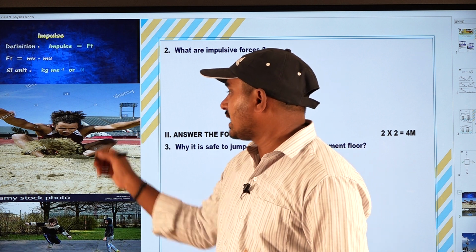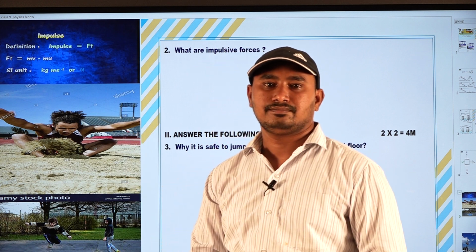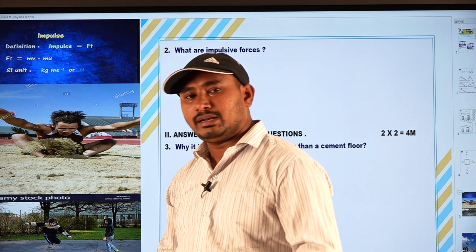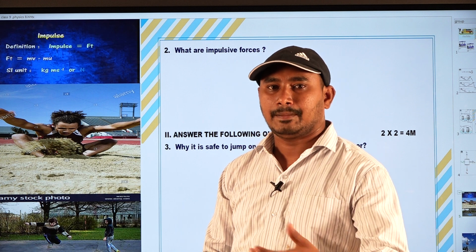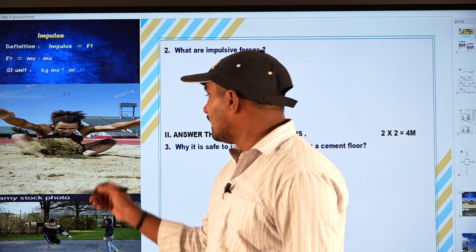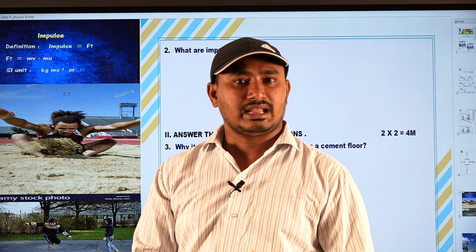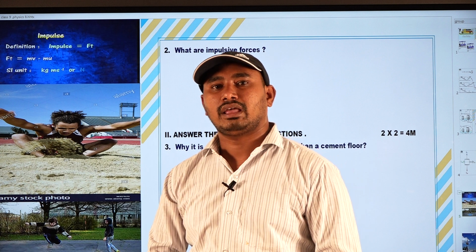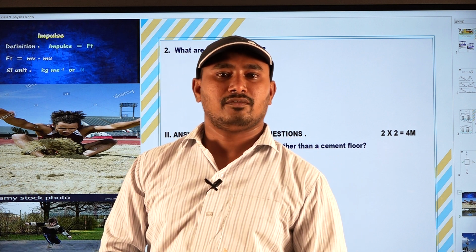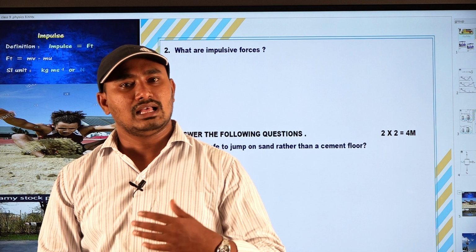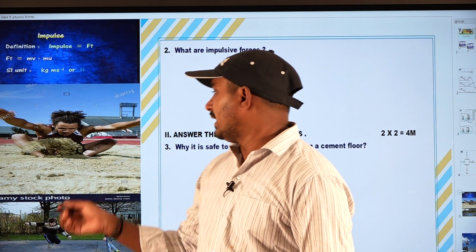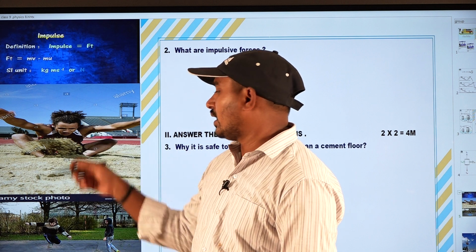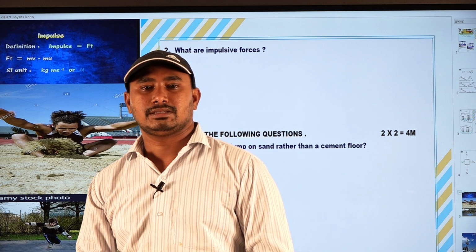The sand also exerts the same force on the feet. According to Newton's law, for every action there exists an equal and opposite reaction. So when the feet exert less force on the sand, the sand also exerts equally less force on the feet.